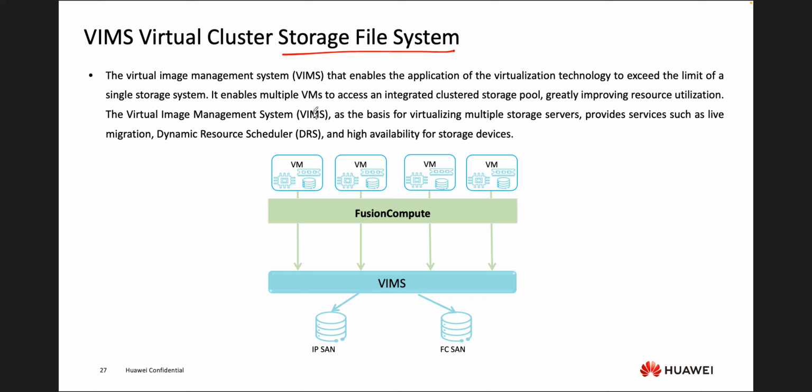And this data store supports different formats, and depending on how you need it, you would use this particular system to connect to IP SAN or FC SAN. And the key capability of this is high performance.